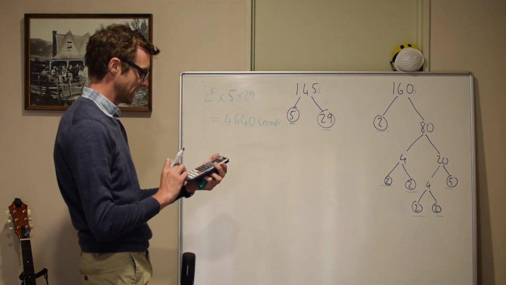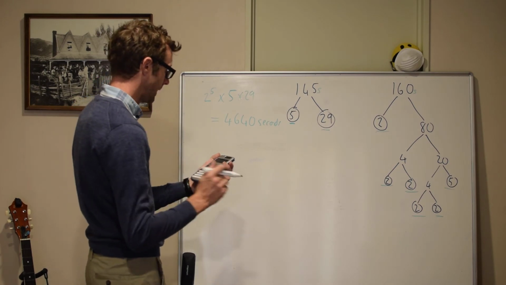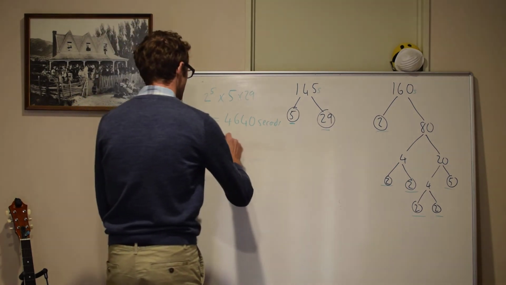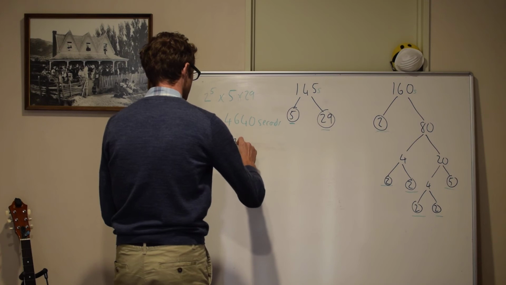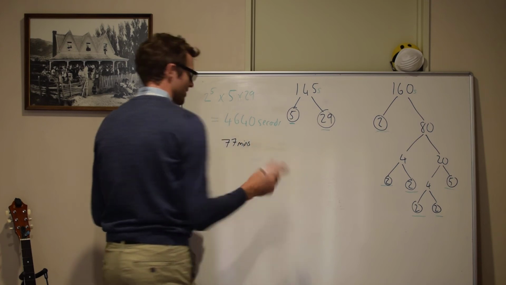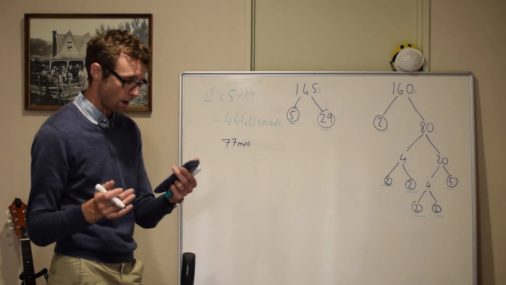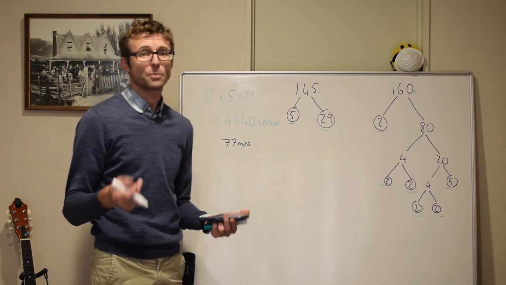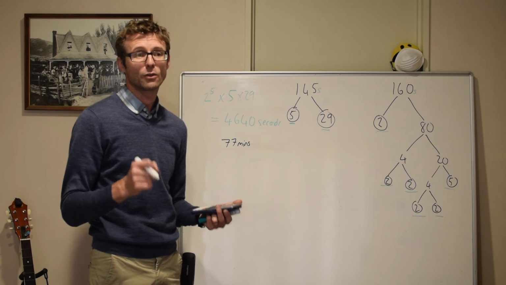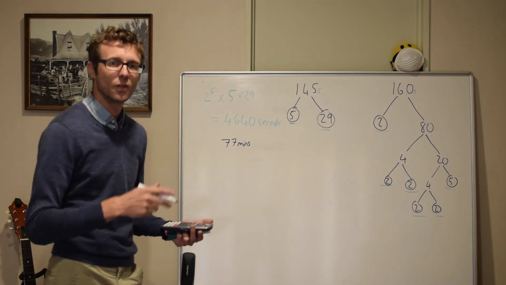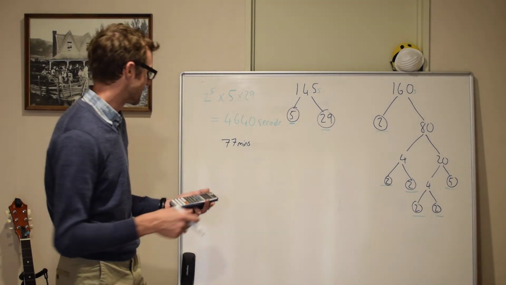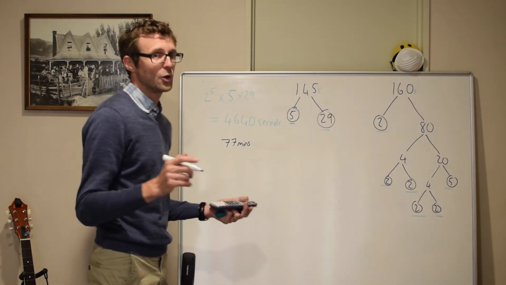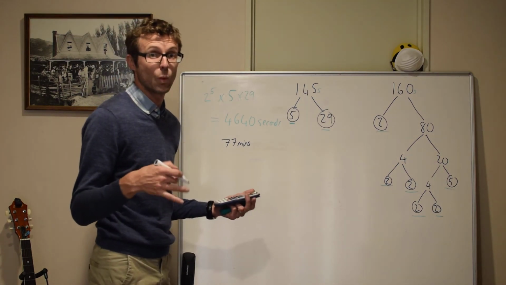4,640 divided by 60 is giving me 77 whole minutes. Now, the mistake that some of you might make at this point is to go, oh, and 0.333333 seconds. No, that's 0.333333 minutes. So you need to convert that into seconds. If you know what 0.33333 is, it's 1/3.